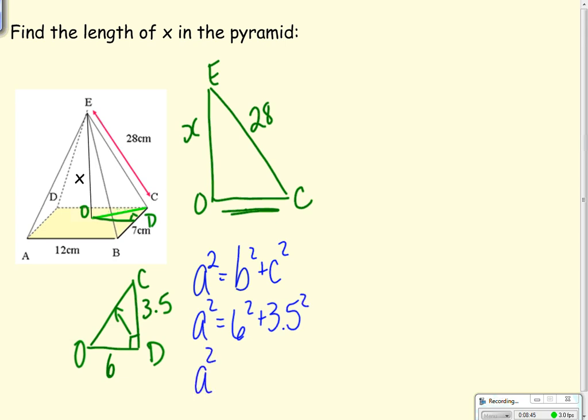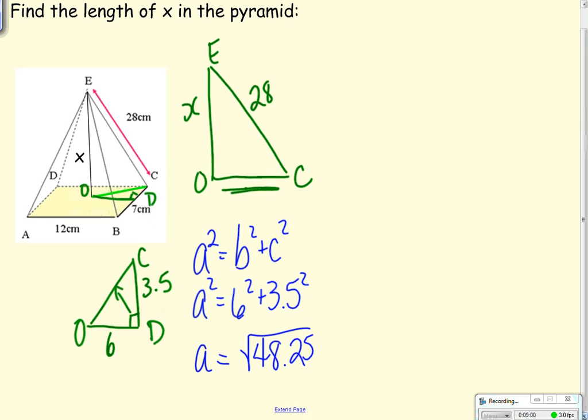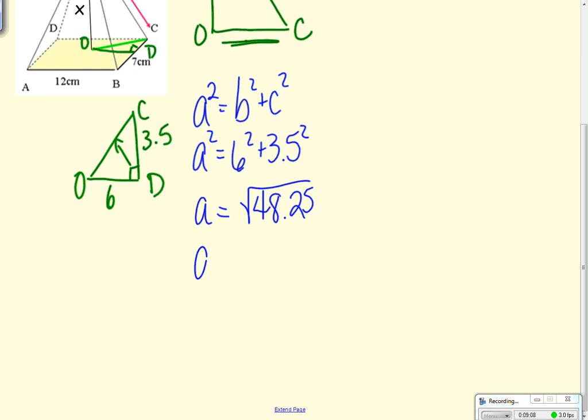So a, because we'll put it under the square root, is equal to the square root of 48.25. I didn't have to round, that was an exact answer. And the square root of 48.25 is 6.95. So a is equal to 6.95. So what we've done is we found the distance from O to C, which is 6.95.